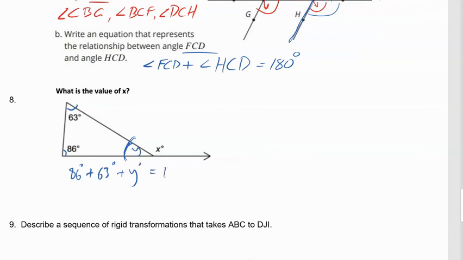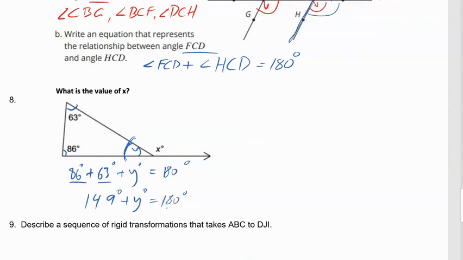And it has to add up to 180 degrees. All right, so this is a two-step problem. So let's combine like terms. What do you get? 6 plus 3, that's 9. 8 plus 6, 14. 149 degrees plus y, right, is 180 degrees.